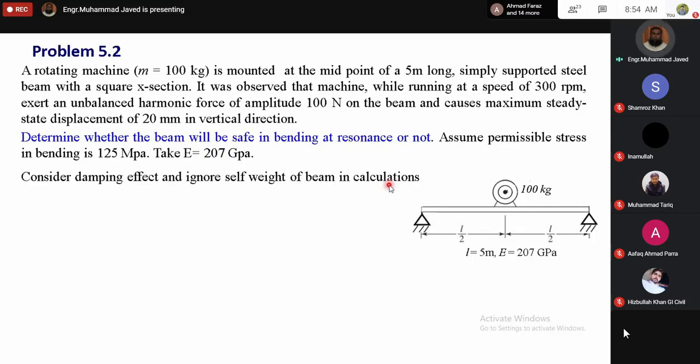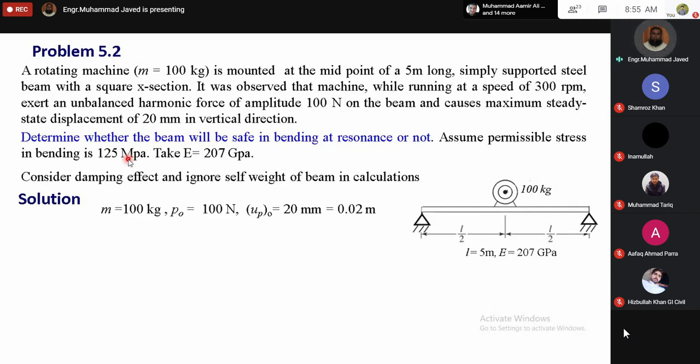तो अगर रेजोनेंस की स्टेज पर हमारे पास मैक्सिमम बेंडिंग स्ट्रेस 125 मेगापास्कल से ज्यादा आता है, तो इसका मतलब ये कि बीम सेफ नहीं है। और अगर इसके बराबर आता है या कम आता है तो it will be safe. So writing this information in mathematical form: mass of machine 100 kg, peak harmonic force is 100 Newton.